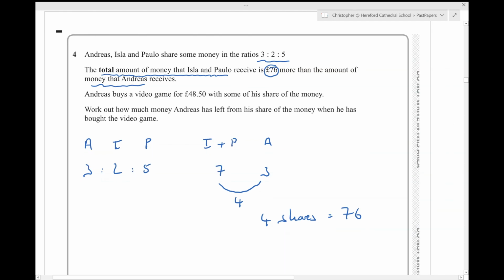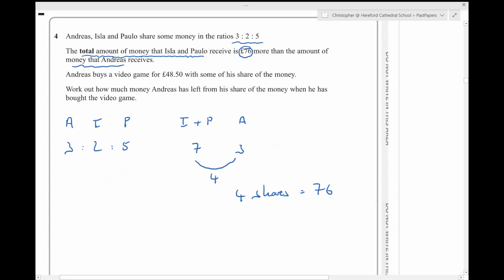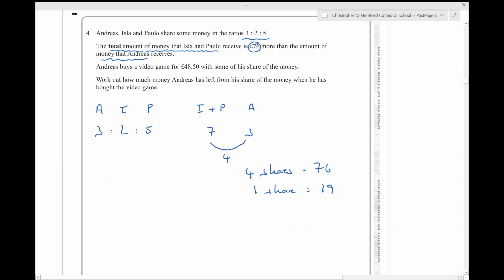Now I can work out what 1 share is by dividing 76 by 4. So 1 share is 19, and now I can work out how much money each person gets.